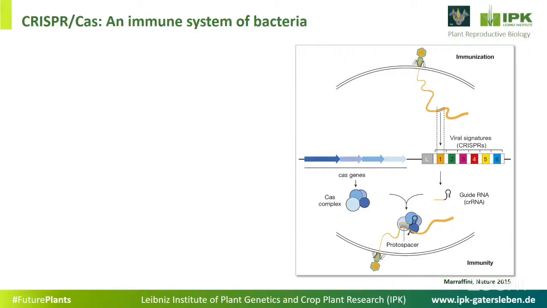This system is so smart that these pieces can be expressed in the format of RNAs. These RNAs then serve as guide RNAs, as I have described for the genome editing system.